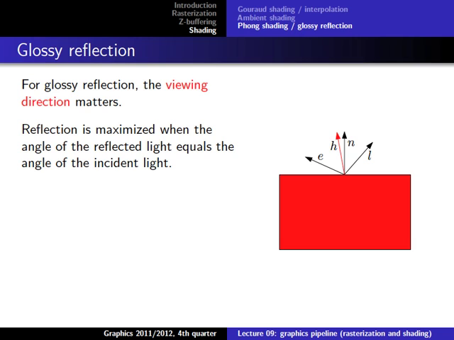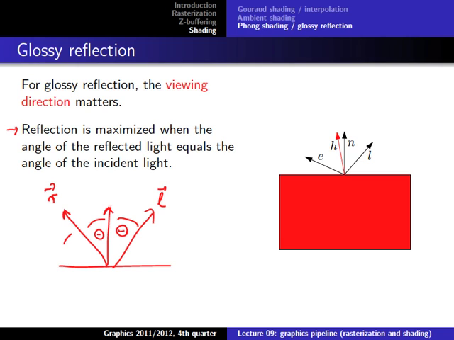We said already that the reflection is maximized when the angle of the reflected light is the same as the angle of the incident light. So if this is our surface and this is the light with the angle theta, and this is the reflection at the same angle theta, that is the maximum, and the more we move away from it, the lower the influence gets.